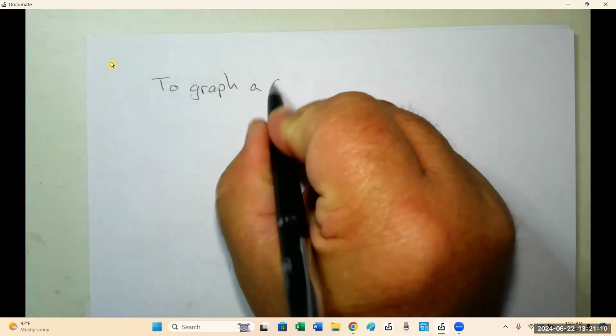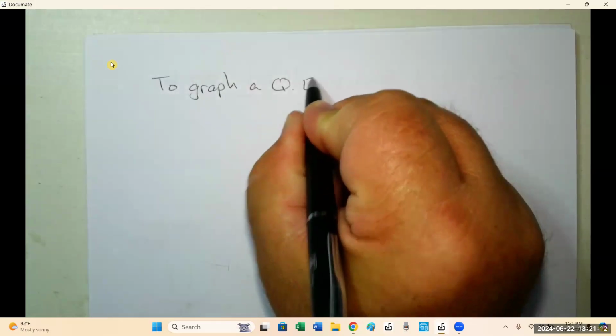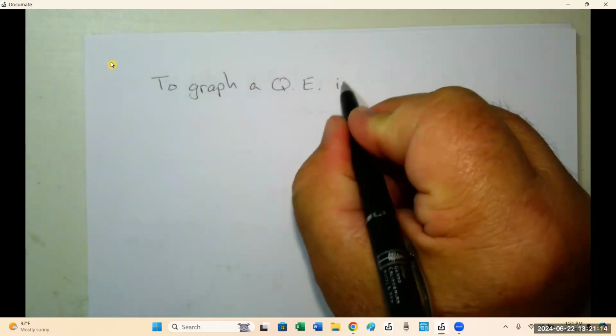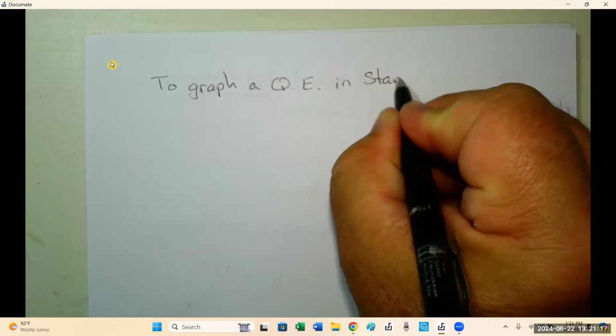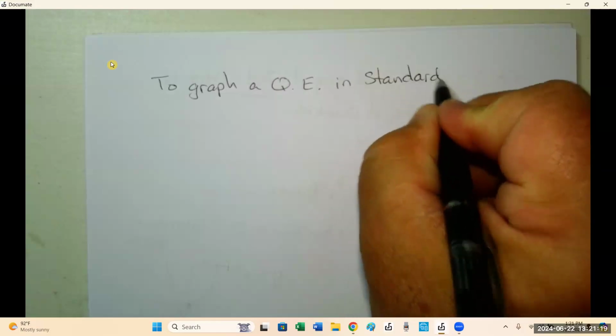Right? So now, since the section deals with graphing, to graph a quadratic equation in standard form.